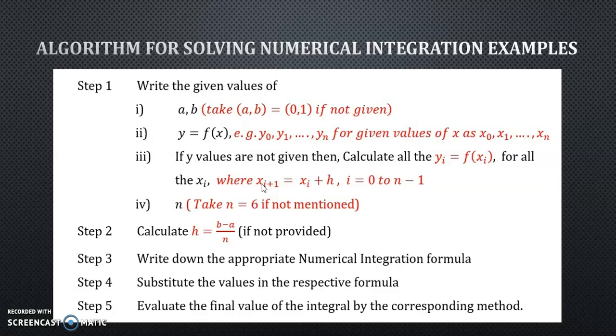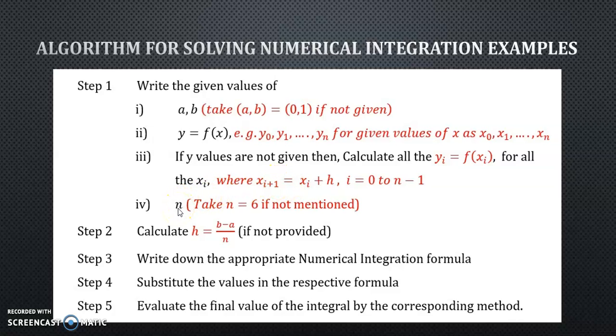As I told you earlier, what is h? h is the difference between the consecutive values of x. Therefore h is x1 minus x0. So whenever i is 0, x0 plus h is going to be x1. Using this formula, you can calculate the values of x.